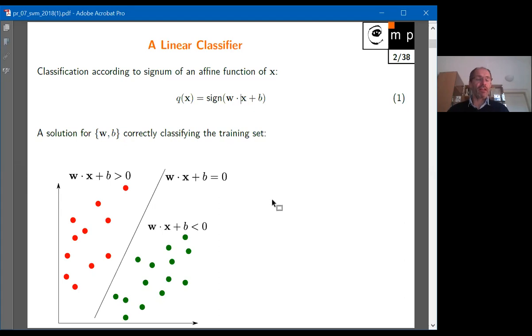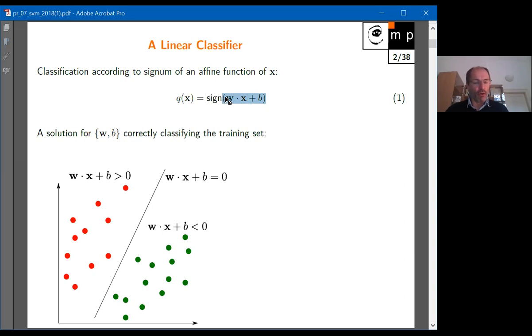So here we go back to the notion of the linear classifier. We call it a linear classifier despite the fact that the function is affine because of the b, but we know that we can incorporate the b in the w with a fake measurement 1 in x.